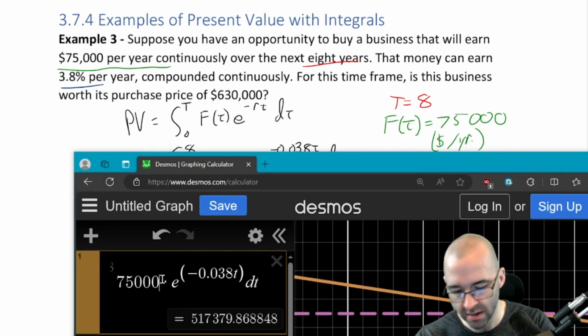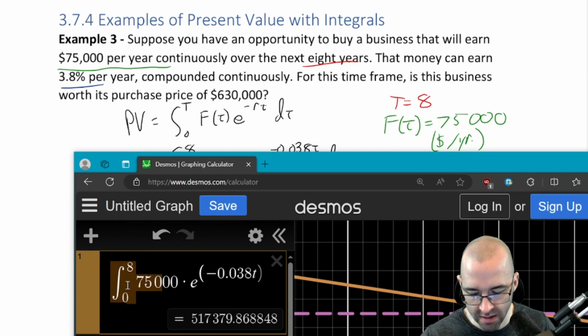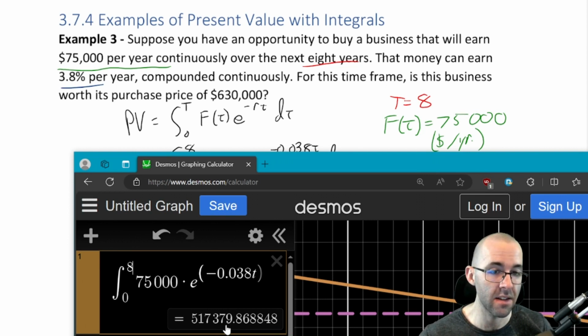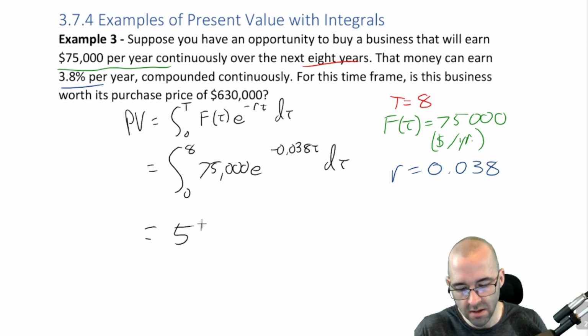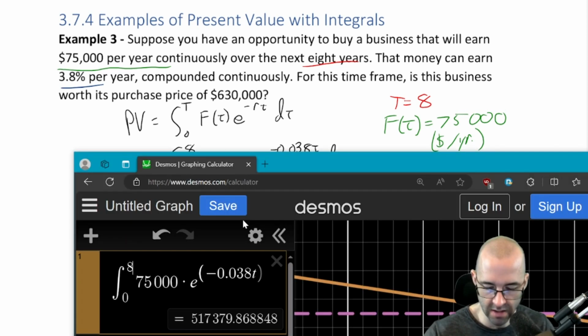So type that into a calculator. Integral from 0 to 8 of 75,000 times e to the negative 0.038 t is $517,379.87.